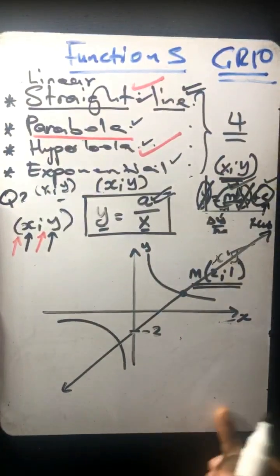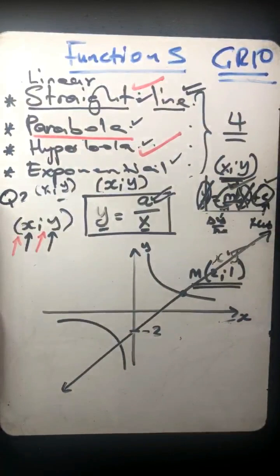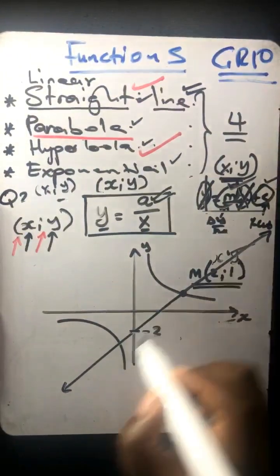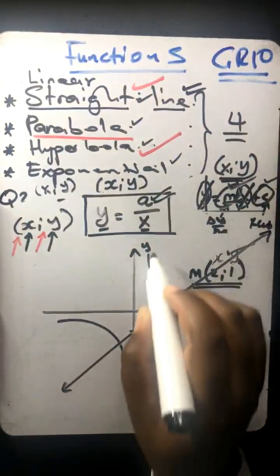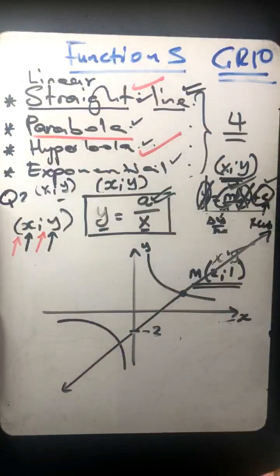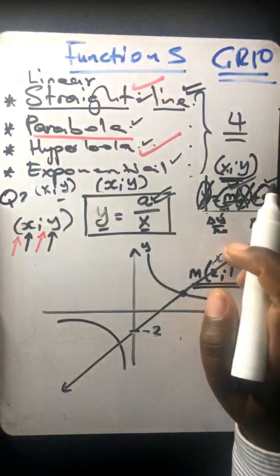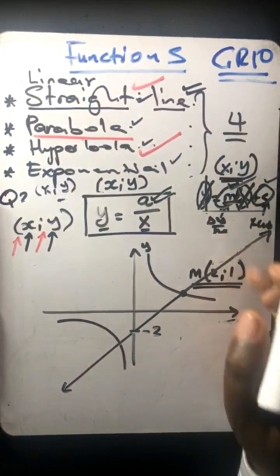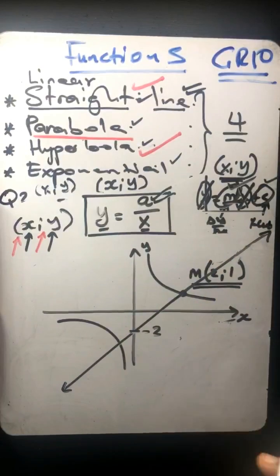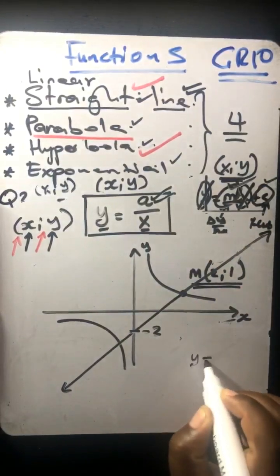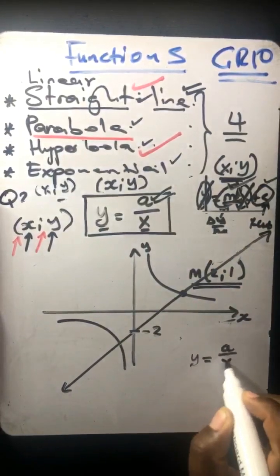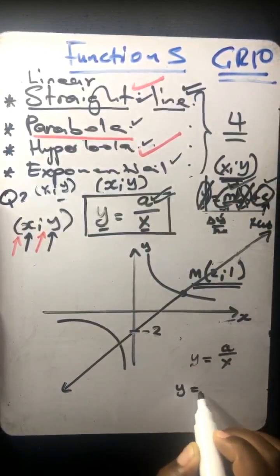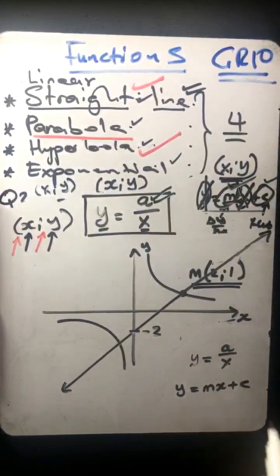So now, what questions can be asked there? For example, they can ask you questions based on that straight line or on that hyperbola. But when they ask questions, how are you going to know which formula or which function they are referring to? Because for a hyperbola, y equals a over x. For a straight line, it is still y equals mx plus c.